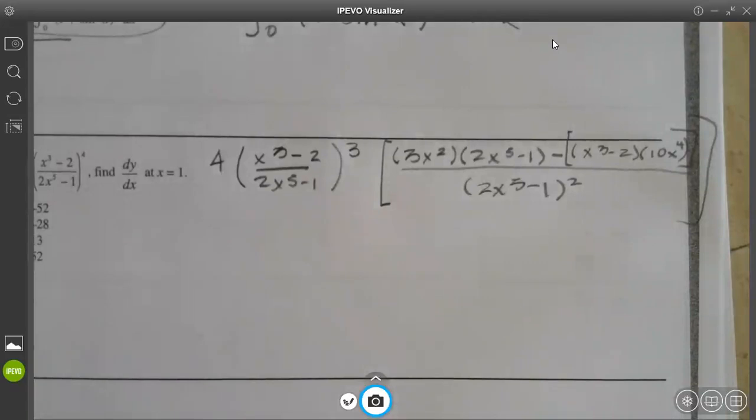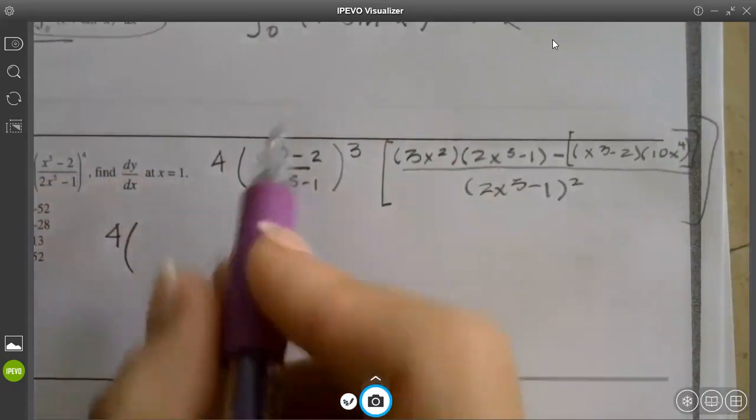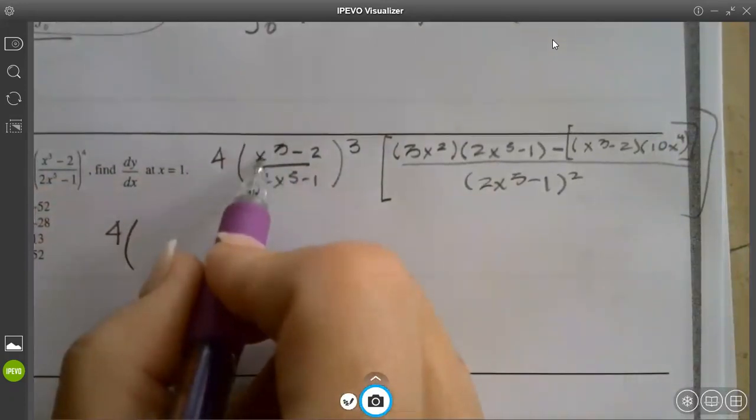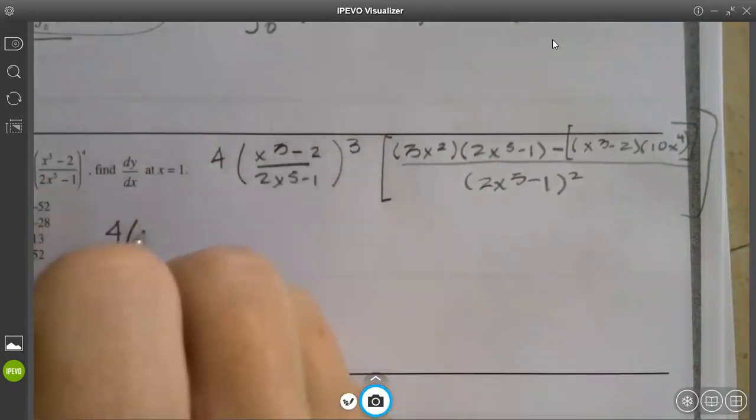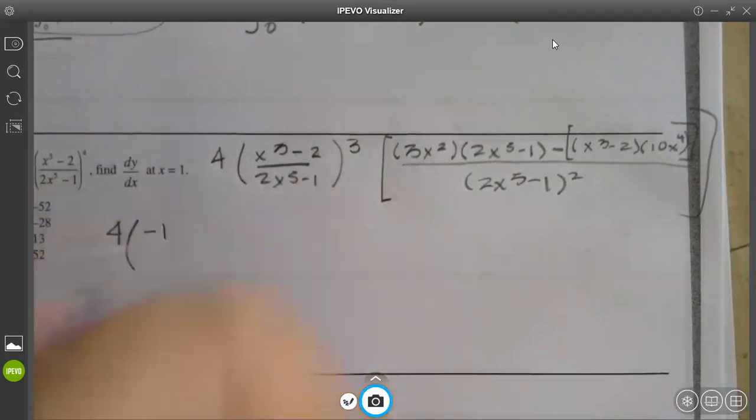We have a value of x being 1. So 4 times 1 cubed minus 2 is negative 1, cubed is negative 1.